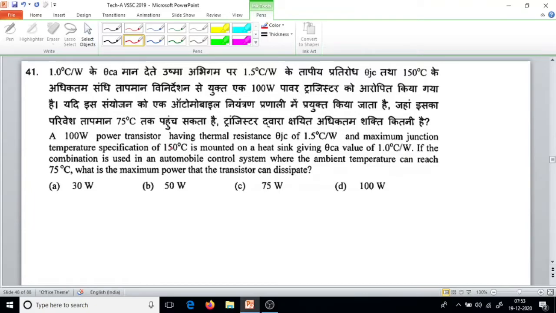If the combination is used in an automobile control system where the ambient temperature can reach 75 degrees Celsius, what is the maximum power that the transistor can dissipate?